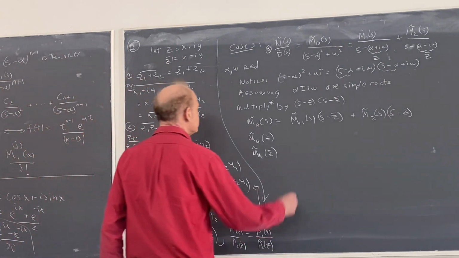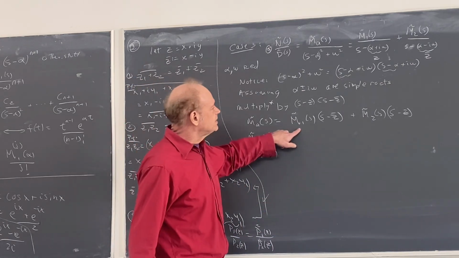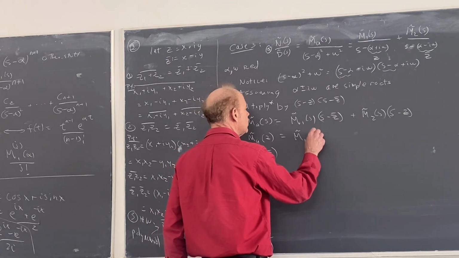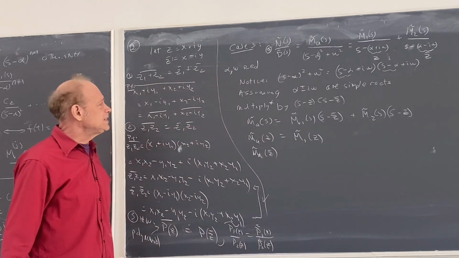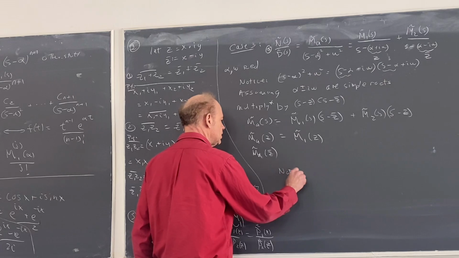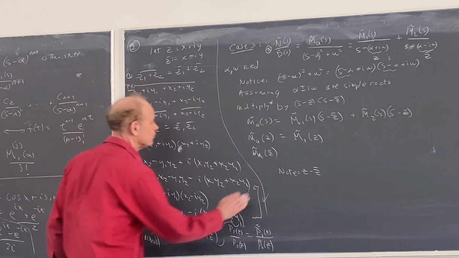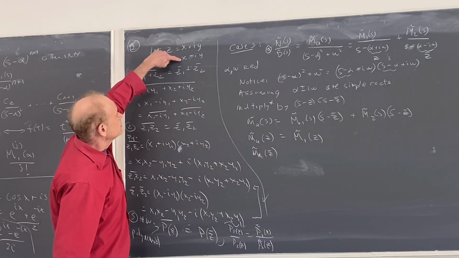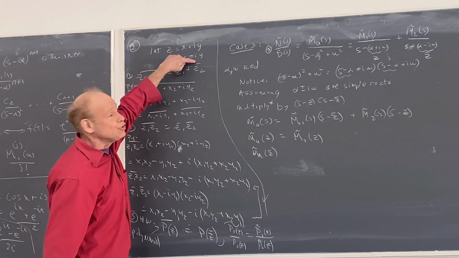Okay, so, well, if I evaluate this thing at Z, this is 0, and I'm just left with M1 tilde of Z times Z minus Z bar. Well, let's see what Z minus Z bar is. Note, Z minus Z bar, actually I can do it right from here. Z minus Z bar, well the x's cancel, and I get iy minus a minus iy, which is 2iy.